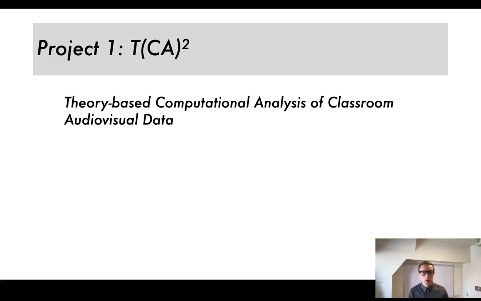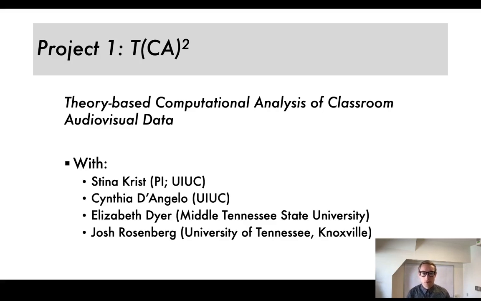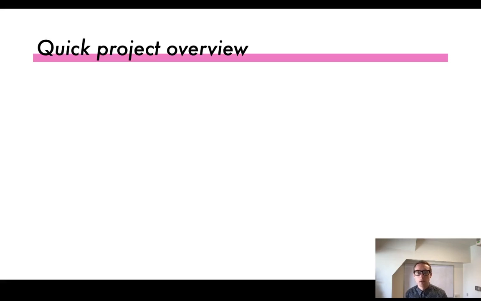So the first of these projects is called Theory-Based Computational Analysis of Classroom Audiovisual Data, or TCA squared for short. And this is a project that's ongoing, NSF-funded project with a few of my collaborators here at the University of Illinois, and collaborators at Middle Tennessee State University and University of Tennessee, and some grad students and a postdoc all around.